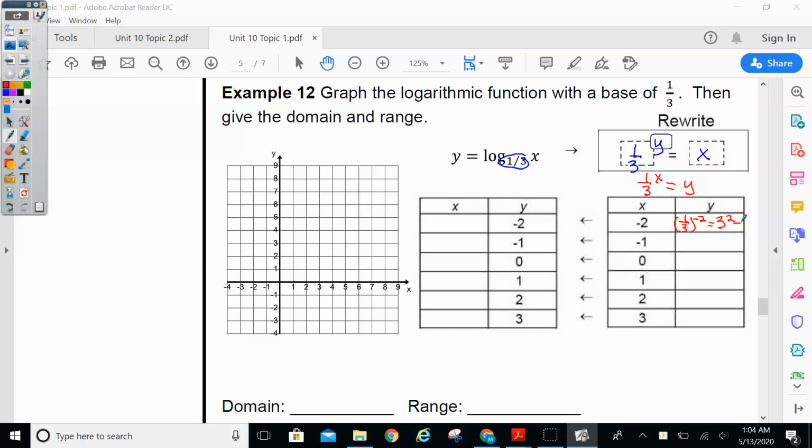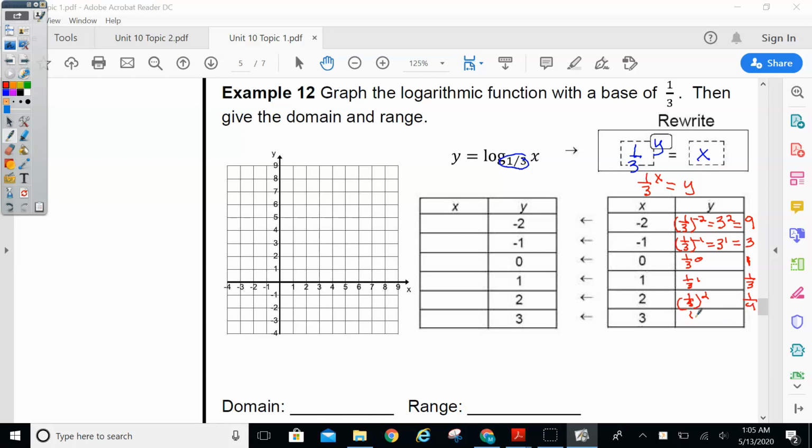Then I'm going to square that and get 9. 1/3 to the -1 flips to 3 to the positive, and that's just 3. 1/3 to the 0, that's always 1. 1/3 to the 1 is just itself, 1/3. 1/3 squared: you square the 1, which is 1, and you square the 3, which is 9.